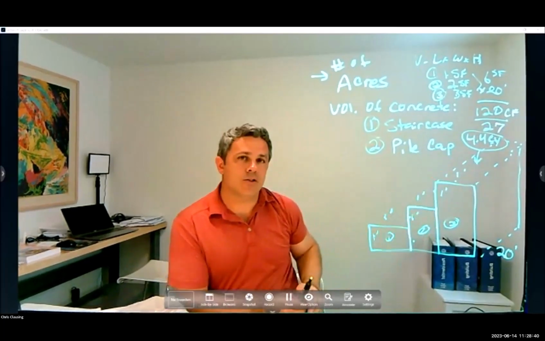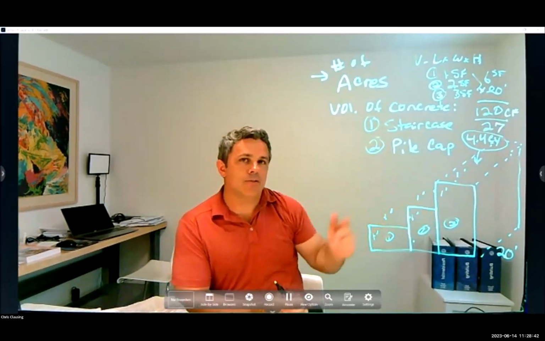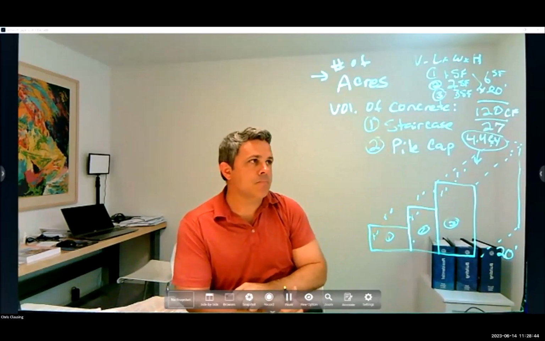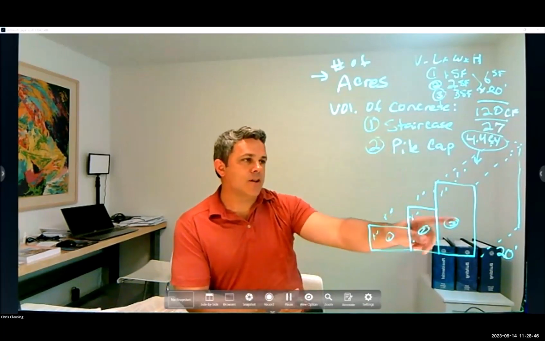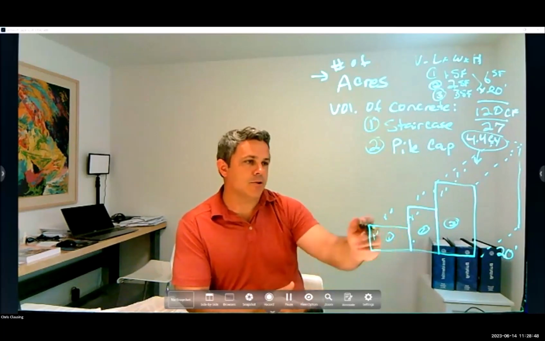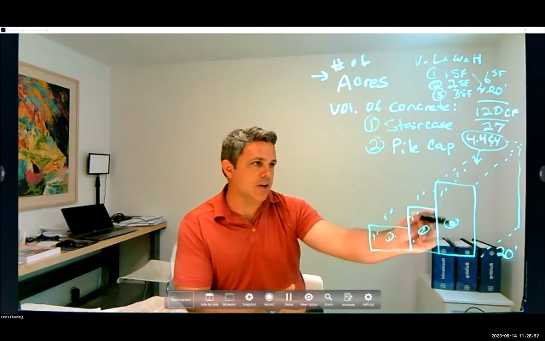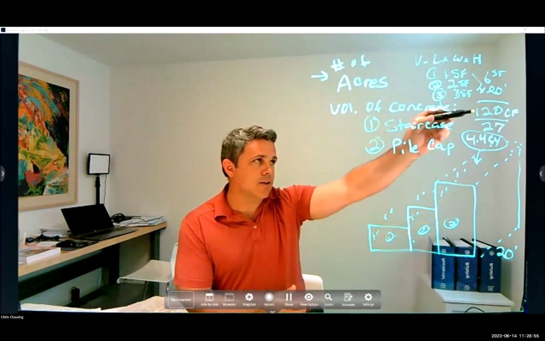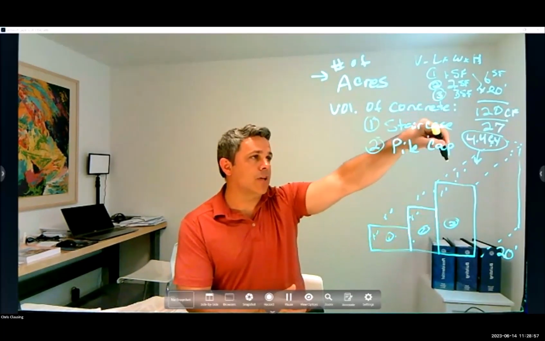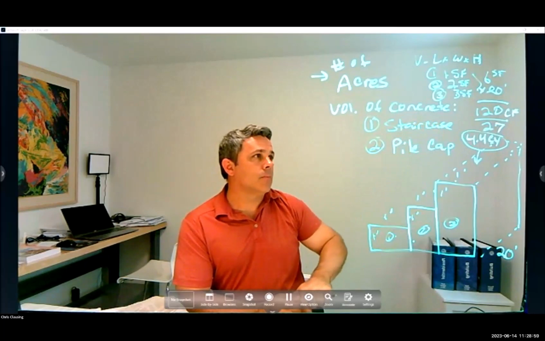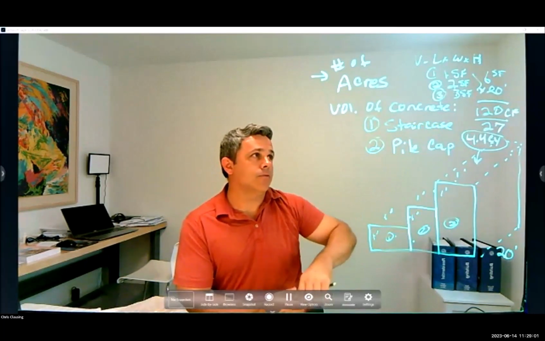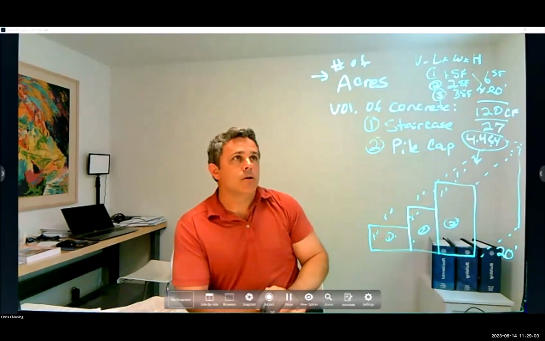So if you're doing an estimating project, that's how you would estimate how much concrete you need. That's the staircase concept. The numbers may be different, but the concept is the same. You take the face area, find the square footage of that, and multiply by the length.